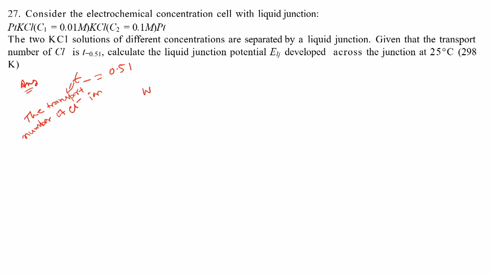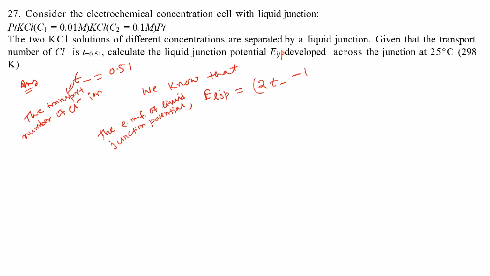Okay, we know that E_LJ or E_LJP, the EMF of liquid junction potential, E_LJP is 2T minus minus 1 times RT by F ln C2 by C1. Okay, that we discussed in the class.